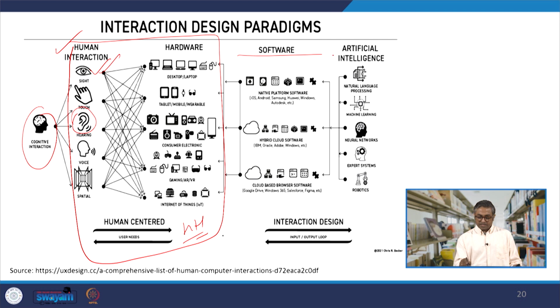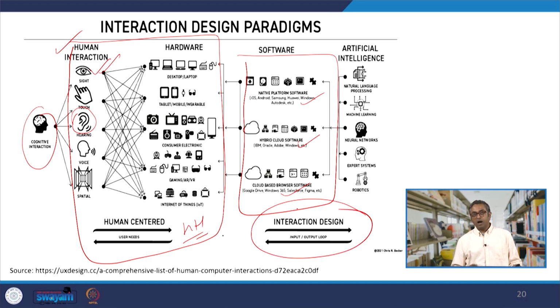Moving ahead, we can think of a software system. Different software platforms are there, hybrid cloud, native platforms, cloud based platforms, and this is an interaction design, how they are interacting, and this results in natural language processing, machine learning, neural networks, expert systems, robotics.